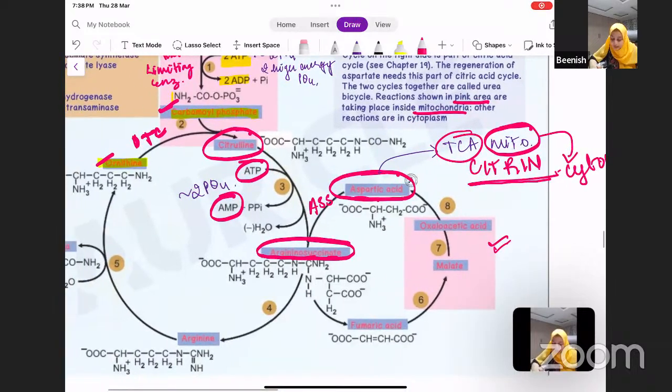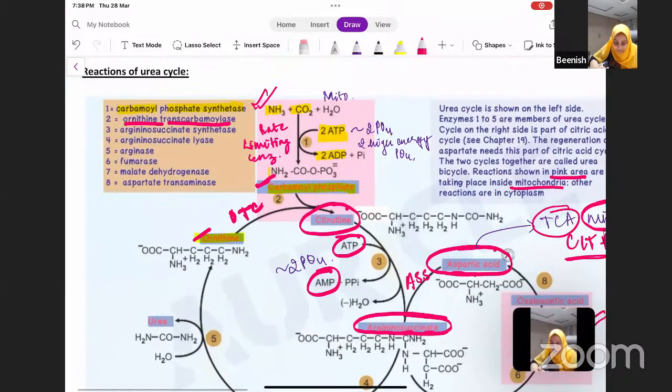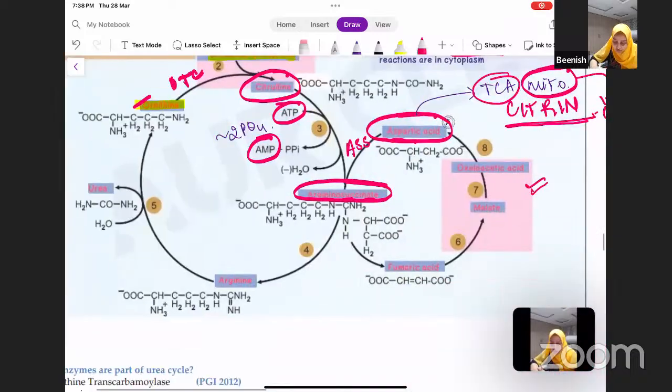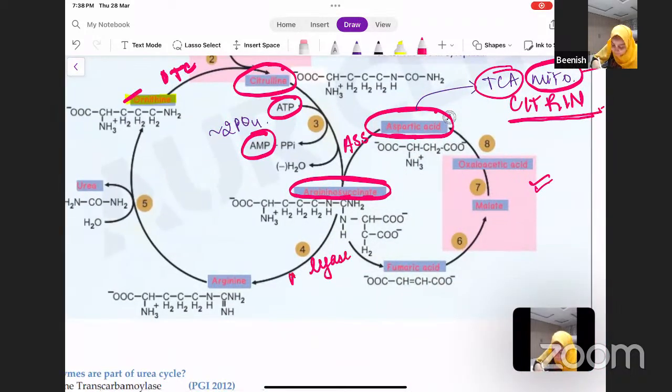Okay, now your arginosuccinate has been formed. Now this arginosuccinate, via the enzyme arginosuccinate lyase, is split into arginine and fumaric acid. So you see, this is a lyase enzyme.